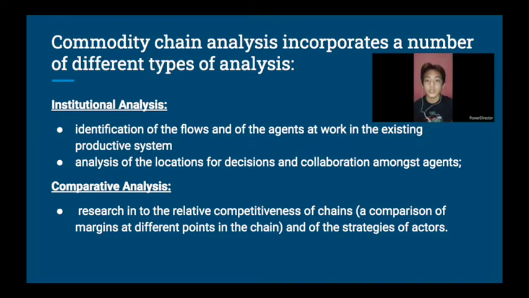Second is analysis of locations for decisions and collaborations among agents. So commodity chain analysis looks at where to locate the decisions and collaborations among the agents.